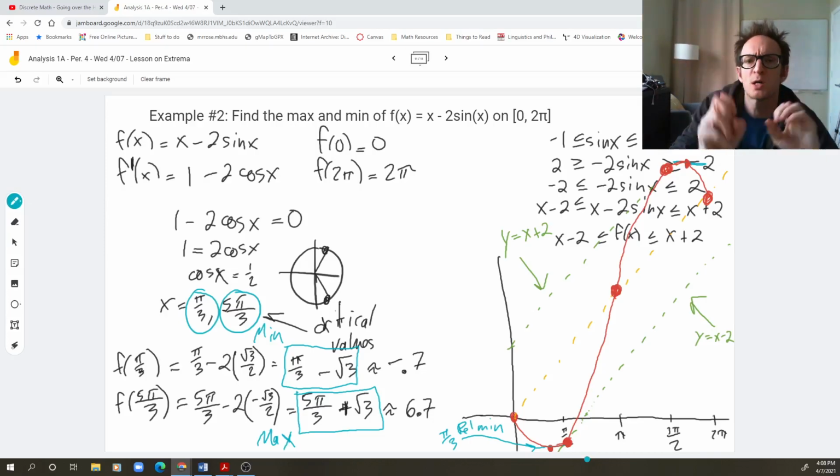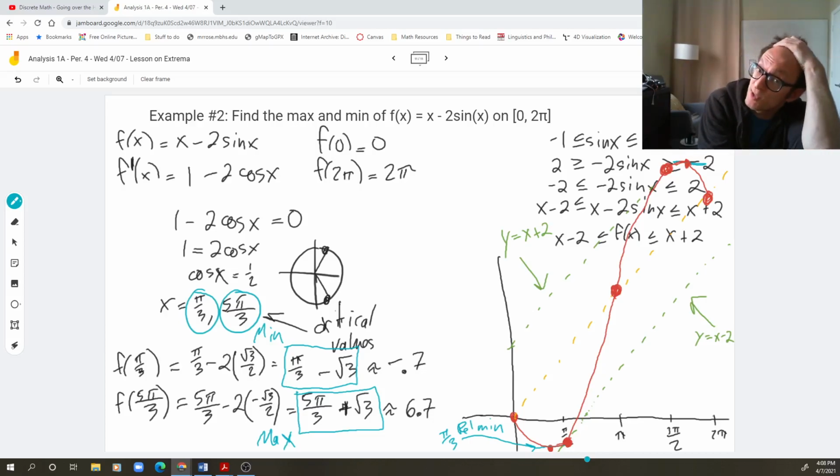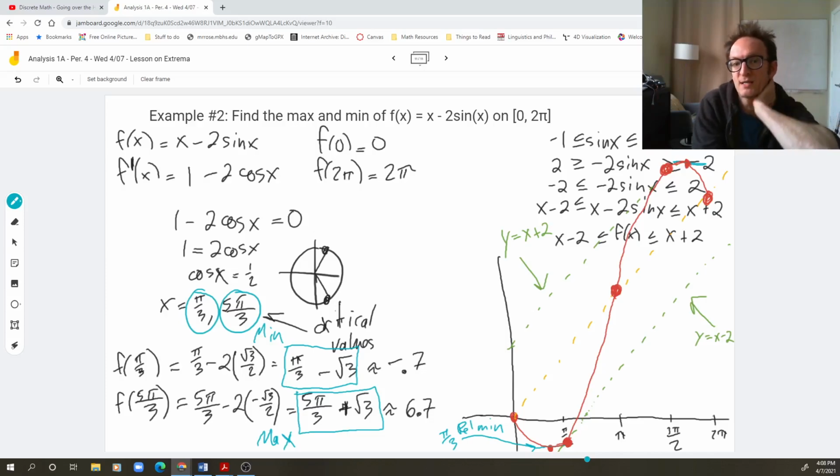A more systematic way of proving that a certain point is a relative min or max is coming in a couple days. But for now, it's certainly clear that that is a relative min and that is a relative max, and we now know what this function looks like more or less exactly. Okay, goodbye.